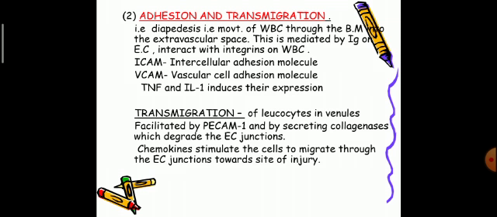Tumor necrosis factor and interleukin-1 induce their expression. What is transmigration? The leukocytes in the venules are facilitated by PECAM-1 and by secreting collagenases which degrade the EC junctions. Chemokines stimulate the cells to migrate through the EC junctions toward the site of injury.